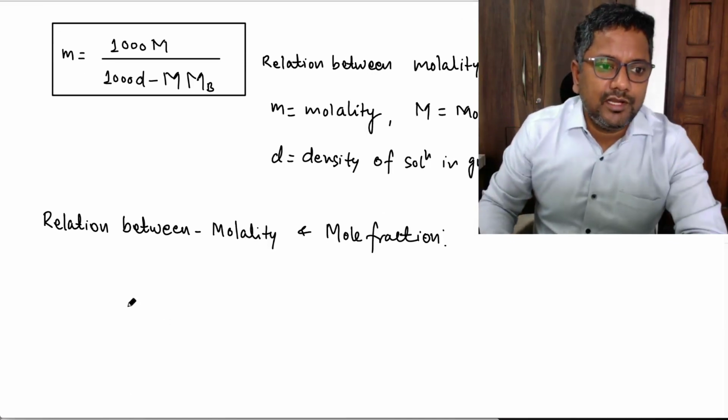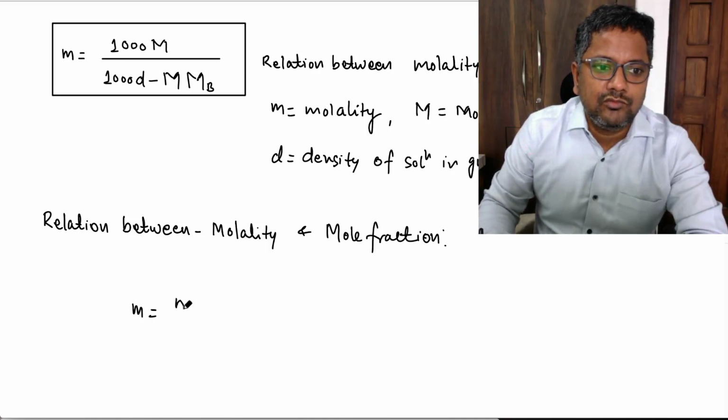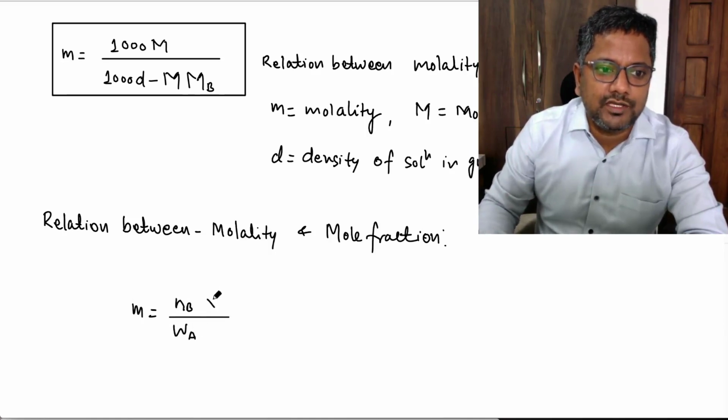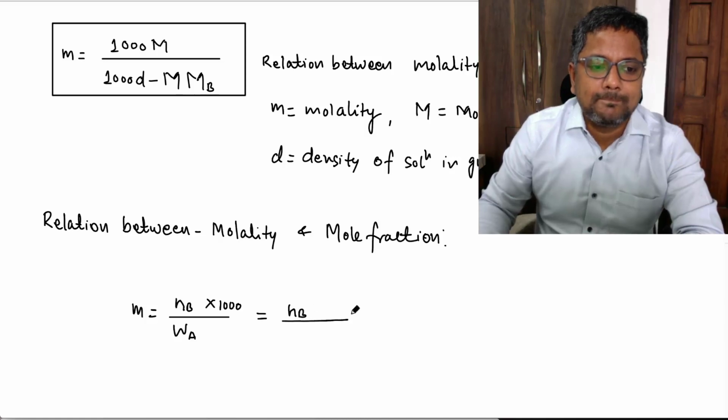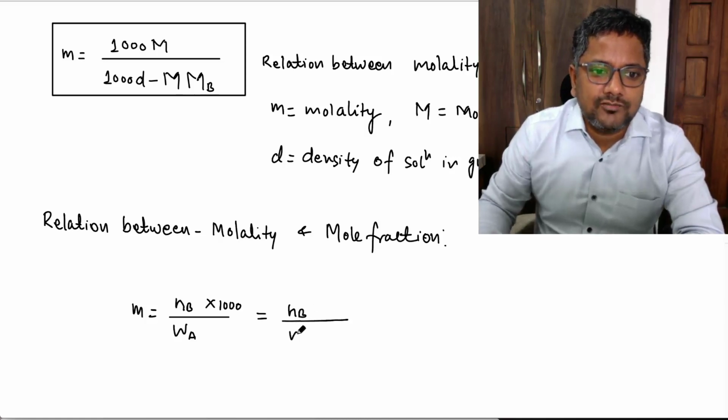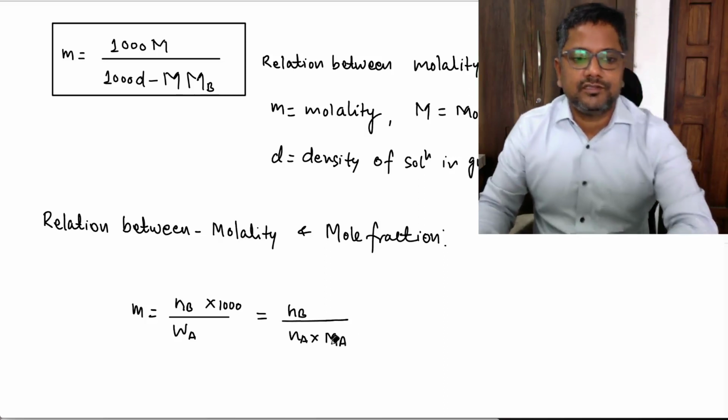So see, molality is equal to moles of solute by mass of solvent in grams, multiplied by 1000. So for the mass of solvent, you can replace moles of solute by moles of solvent into molar mass of solvent.